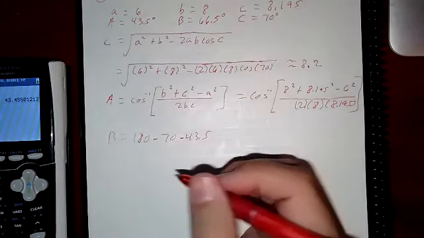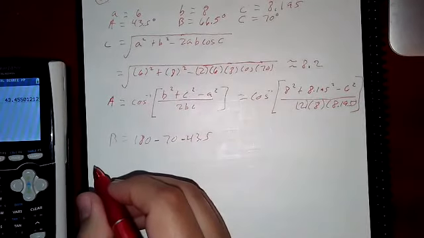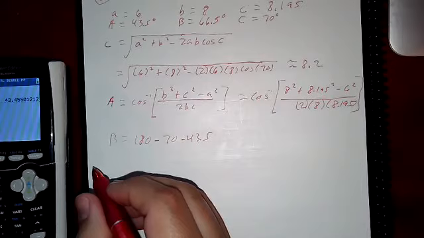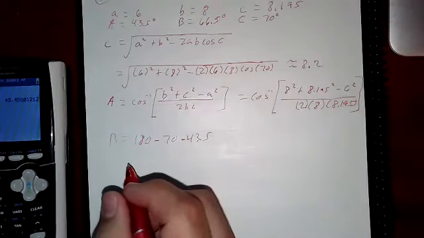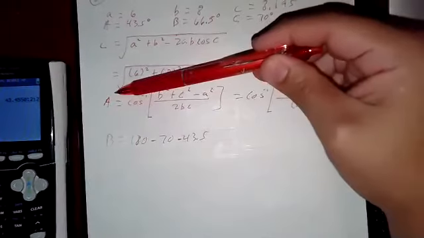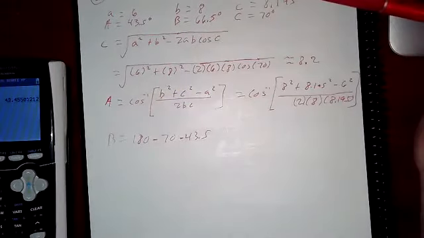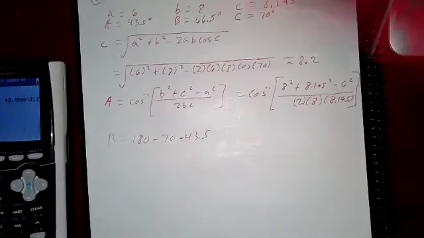No. Okay. Number 7 gives you nothing but sides, so it'll be just the law of cosines. You have to do this formula for A and the formula for B, and then that's it. But we'll move on to number 8.